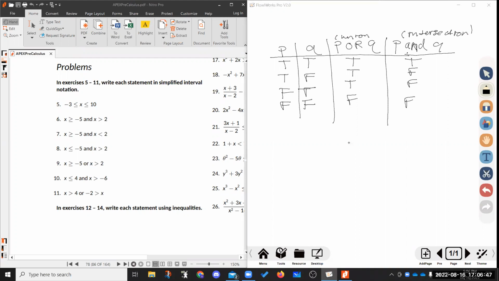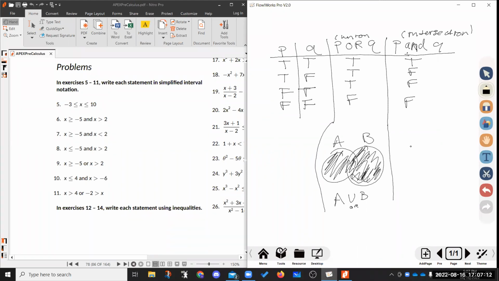So if I had A and I had B, A union B is the same thing as the or here. It's going to be everything that's in A and everything that's in B and everything that's in both of them. If I had a Venn diagram here and I had A intersect B, that's the same thing as the and.